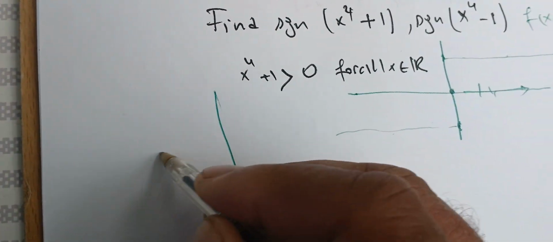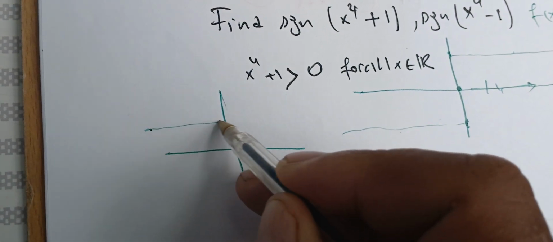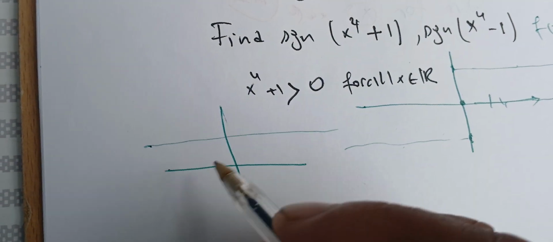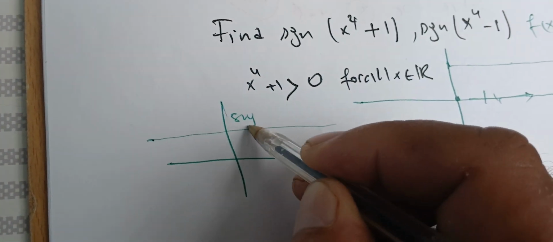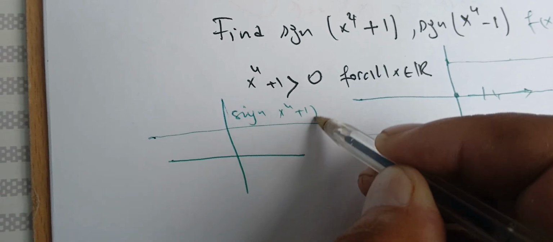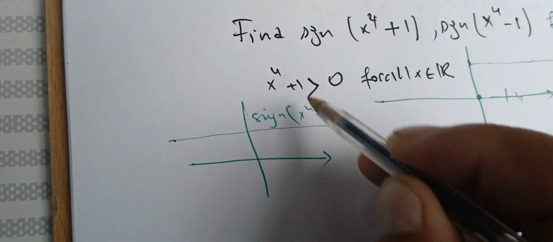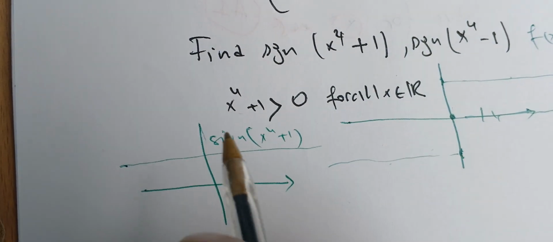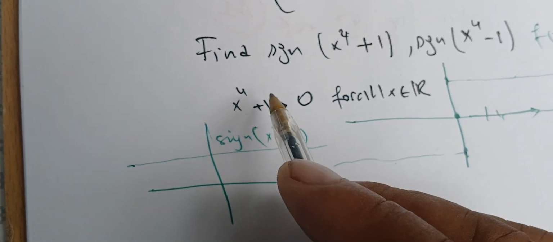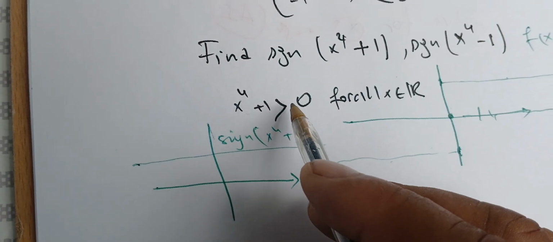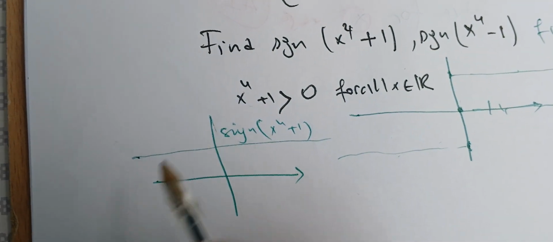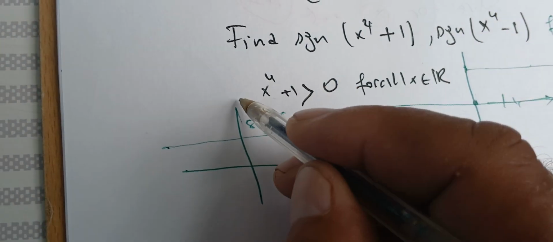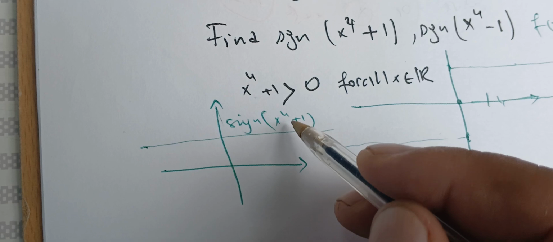Therefore, its sign is going to be 1 for all x. So this is the signum of x to the power 4 plus 1, because this function is defined for each x in R, and it's always positive. It's always bigger than 0. Okay? So therefore, this is the graph of the signum of x to the power 4 plus 1.